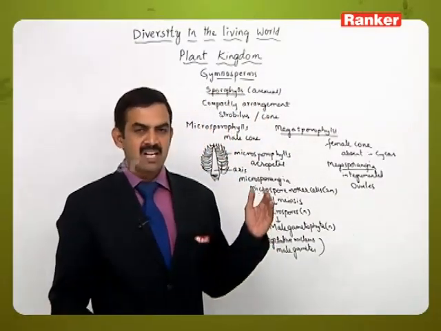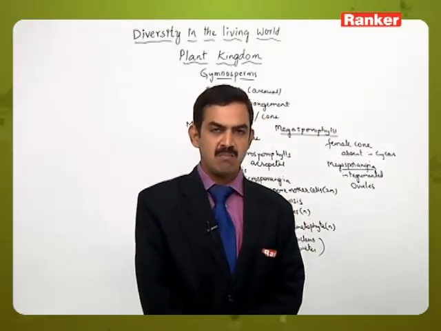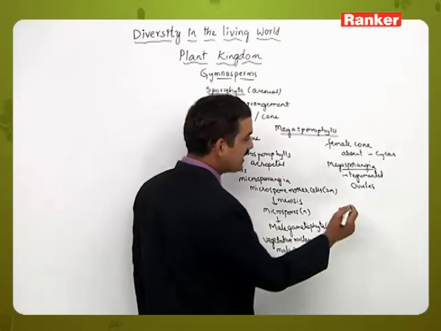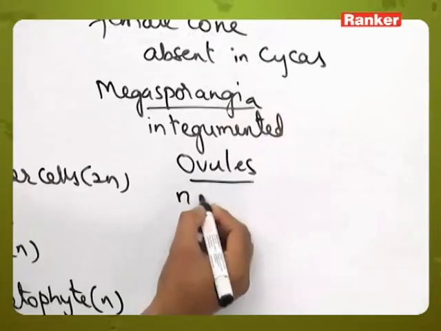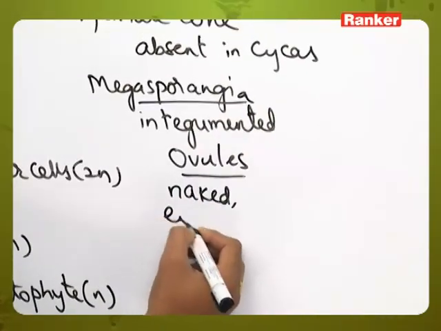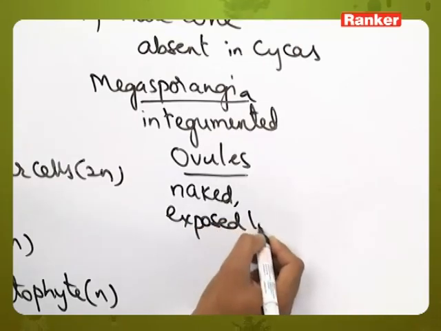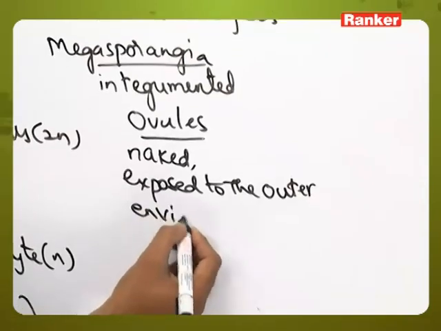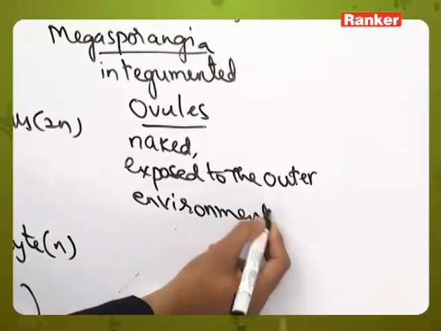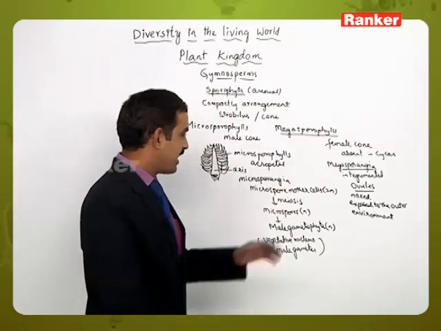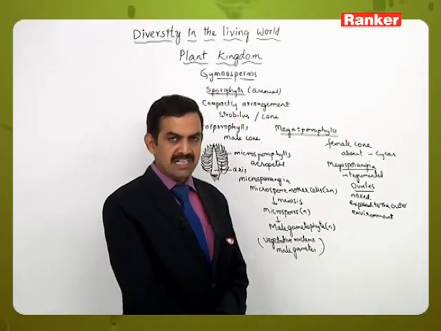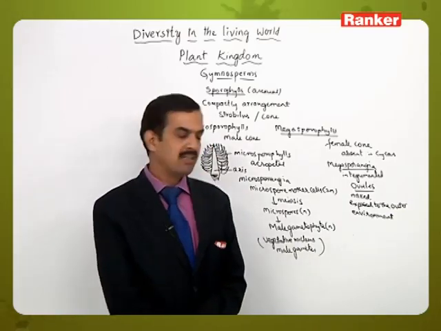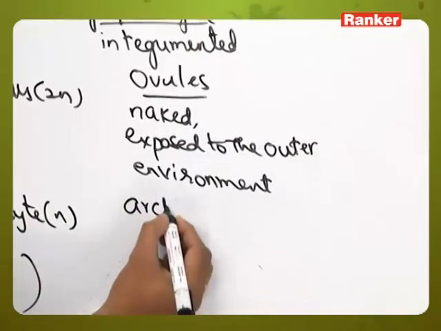But here, as in the angiosperms, parts like the stigma, style and ovary are not seen. Only the ovules are present, and these ovules are naked and exposed to the outer atmosphere or environment. Inside the ovule, the nucellus tissue is there, and from that nucellar tissue the formation of archegonia can occur.